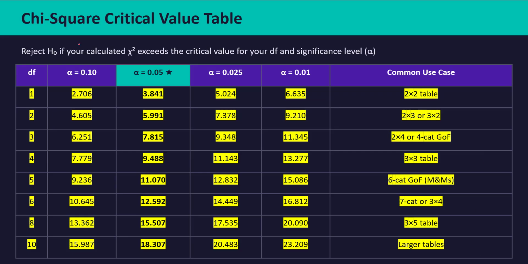The next slide shows you the summary of the critical value tables. The most popular alpha is 0.05, sometimes 0.01, and sometimes something else, but all the critical values are summarized here.